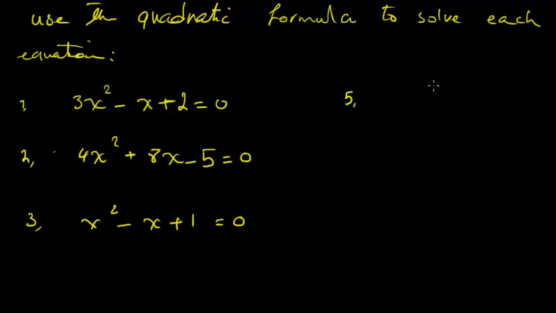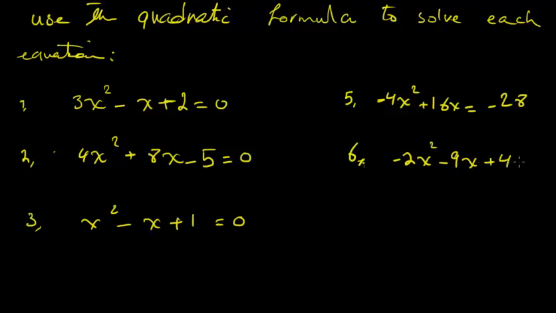Then let's say we have minus 4x squared plus 16x equals minus 28. Minus 2x squared minus 9x plus 4 equals 0. Let's say 6x squared minus 7x equals minus 2.